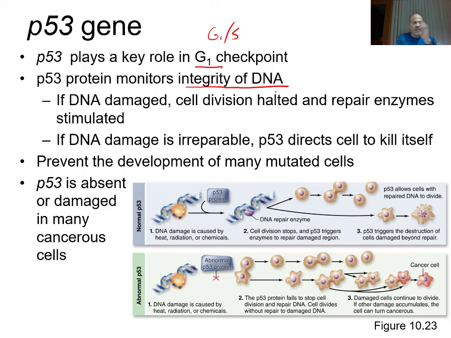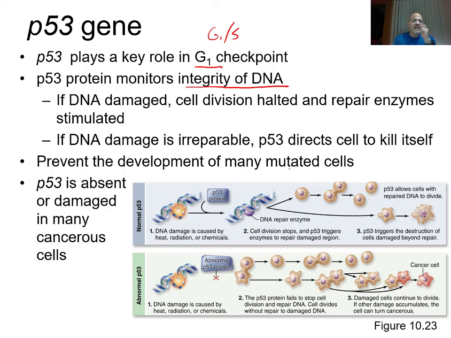If your DNA becomes damaged because of sunlight, ultraviolet light, or a carcinogen, some kind of mutagen that causes a mutation in the DNA, this P53 plays a role in stopping progression past the checkpoint so that it can activate enzymes that go and repair the DNA.